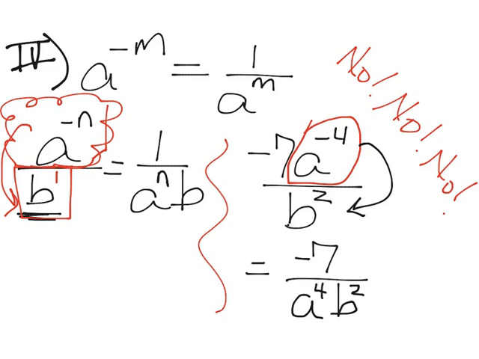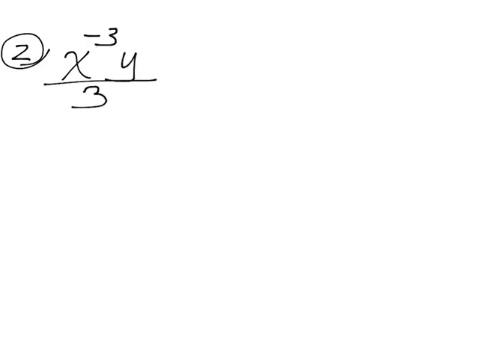Now, for this rule, I am going to go to the next page, and I want you to try a couple of problems. So I'm going to put two problems up, and I want you to attempt them and then come back and check your work. I'll call them number 2 and 3.